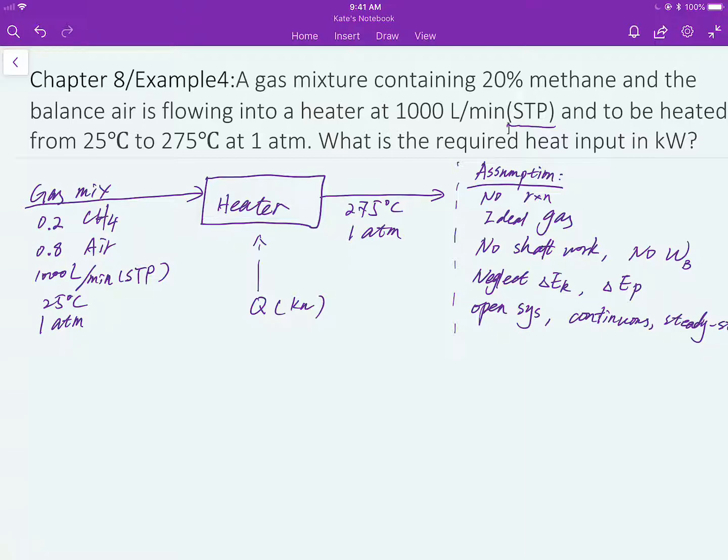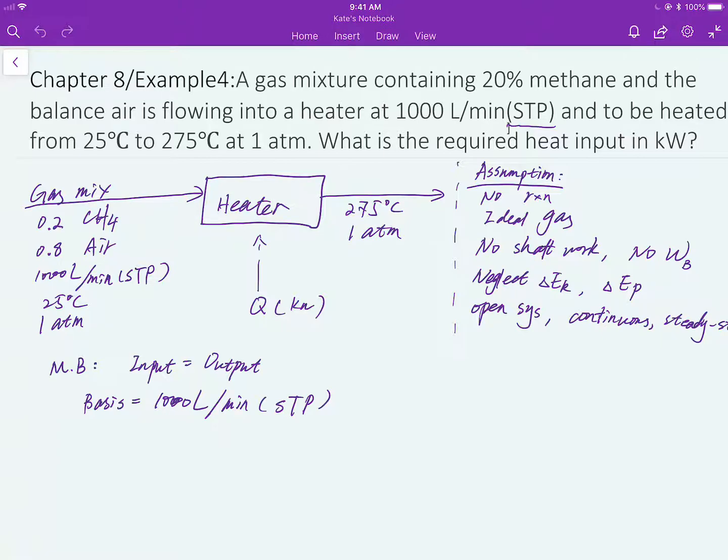And because we say this is an open system at steady state, the material balance on an open system is simply input equal to output, and our basis based on the problem statement is 1,000 liters per minute, and given it's standard temperature pressure condition, we can convert that to mole number for the gas mixture.